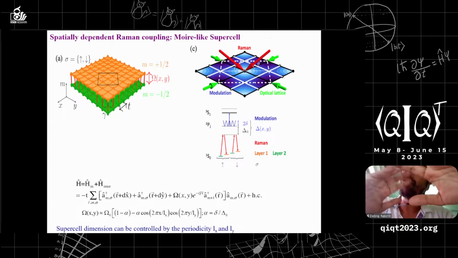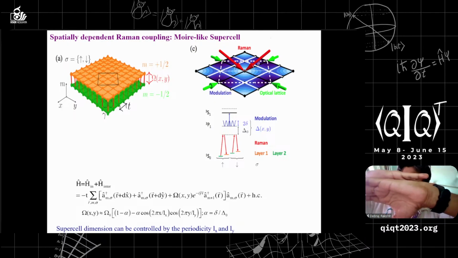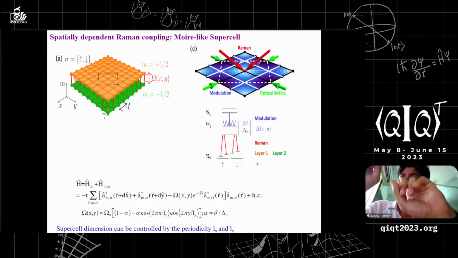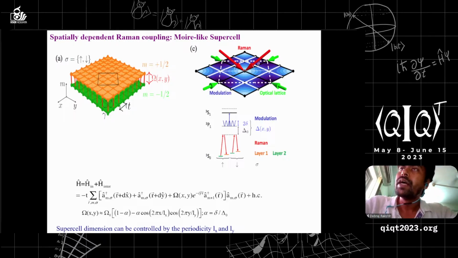Two internal states will play the role of two planes. And the rest of the two internal states will play the role of two spins, like spin up and spin down in an electron.